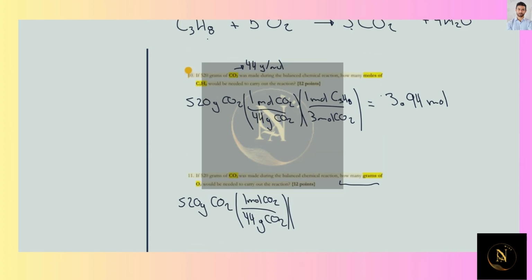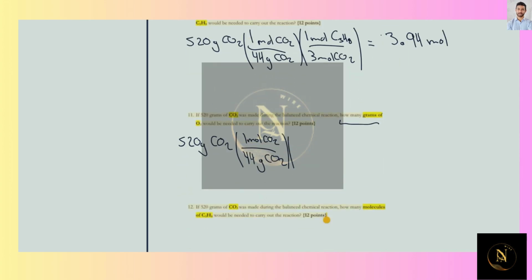We know that 3 mole of CO2 come from 5 mole of oxygen. So 3 mole of CO2 are going to come from 5 mole of O2. And finally, the molecular weight for oxygen in order to transform moles to grams is going to be equal to 32 grams per mole. So 32 grams of O2 are going to be equivalent to 1 mole of O2.